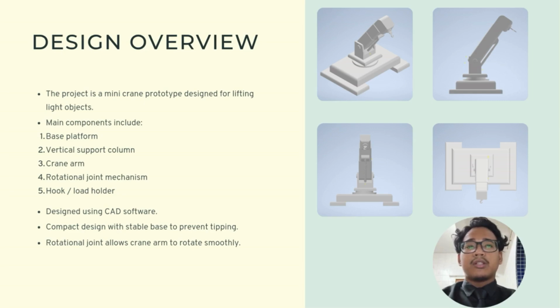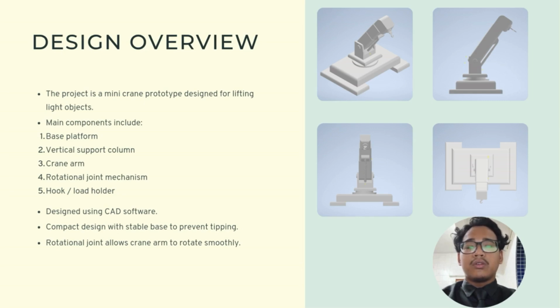The third component is the crane arm, which is responsible for extending outwards to lift and move the load. This arm is connected to a rotational joint mechanism, which allows smooth and controlled rotation of the crane. These features improve flexibility and enable the crane to operate in different directions without repositioning the base.